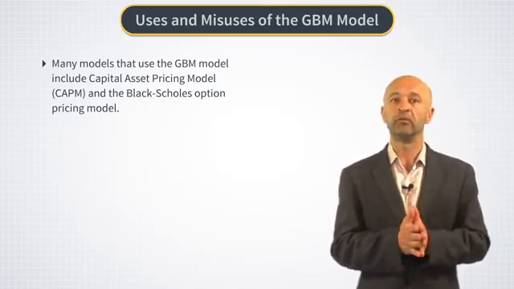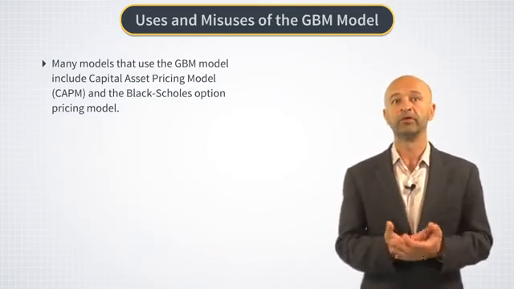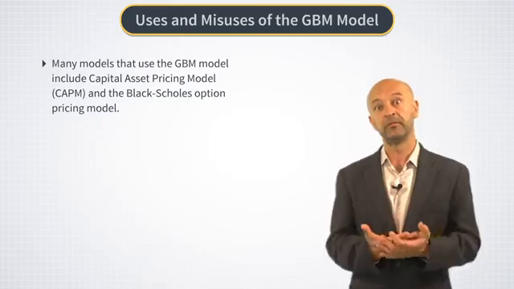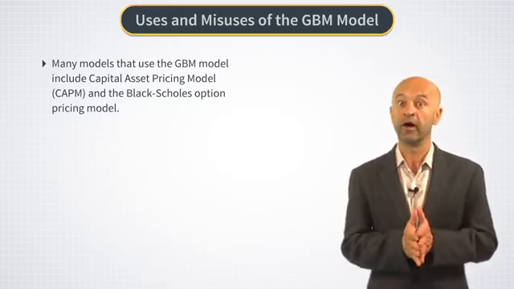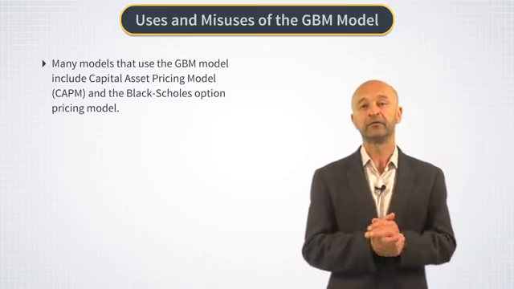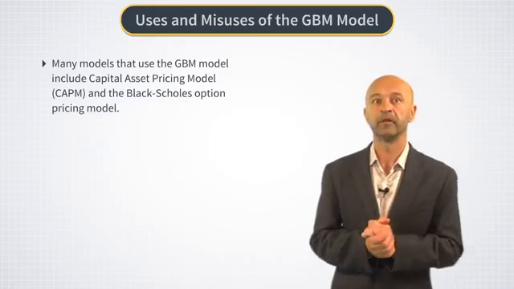The GBM model is simple and highly tractable, which are probably the main reasons it still remains the main workhorse of modern finance to this day after it was proposed in 1965 by Samuelson.